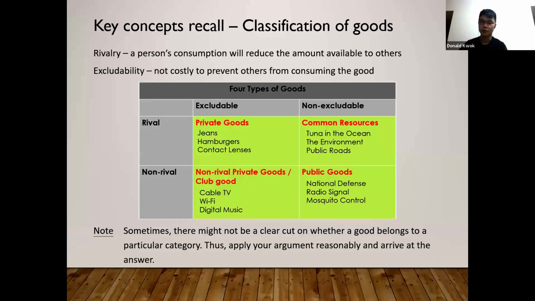Others' ability of using public road will be affected if the public road is very congested, right? You cannot even enter the public road. So this is why some people may argue that public road is rival in consumption during peak hours. As you can see, a good can belong to different categories. So this is why I would like you to apply arguments reasonably to arrive at the answer.